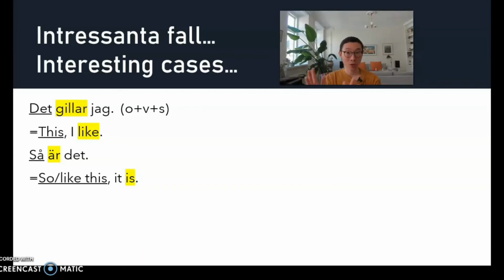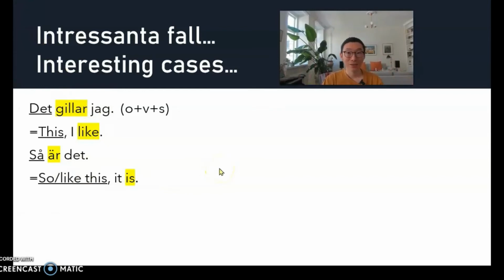In this case, så is actually a conjunction. But in the examples here, så är det, så is used as an adverbial because så has two meanings. Here, so means like this, which is used as an adverbial to explain how, in which way.